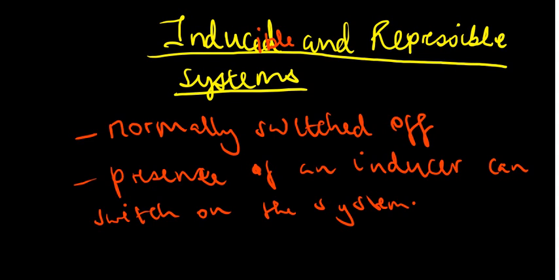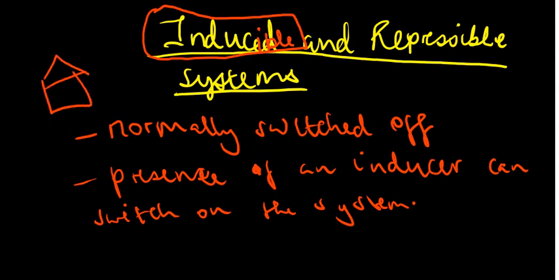So what I want to explain here is that if something has the capacity to be induced, this word induced means it has the ability to be switched on. Now for instance, let me give an example. In a house you have a switch at the side of the wall where you have a bulb, right?